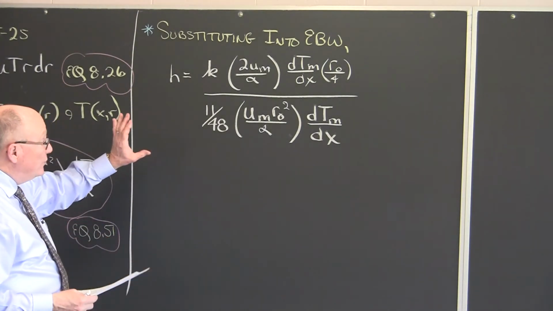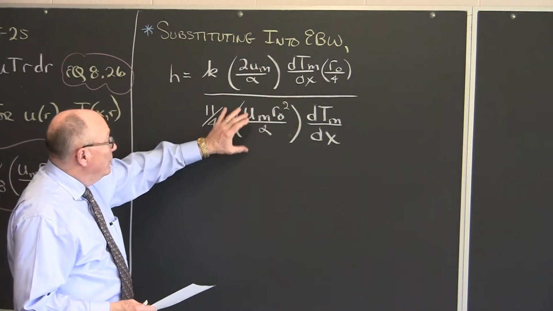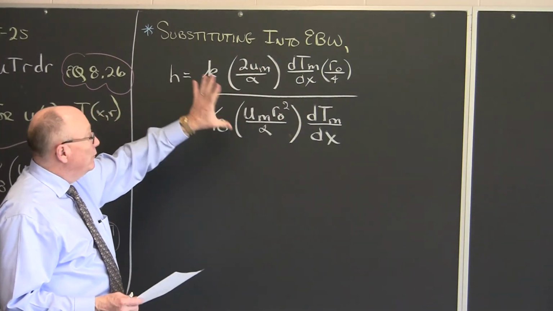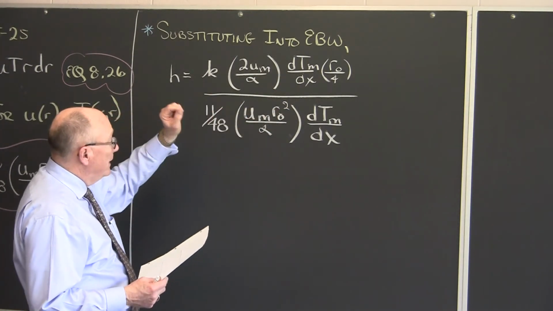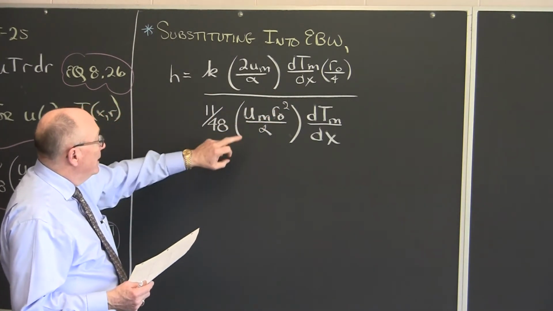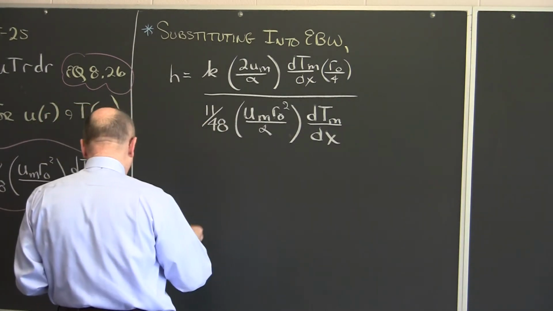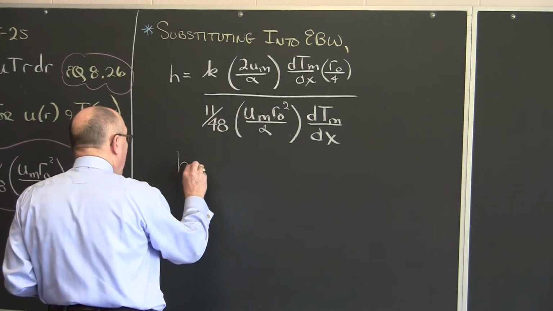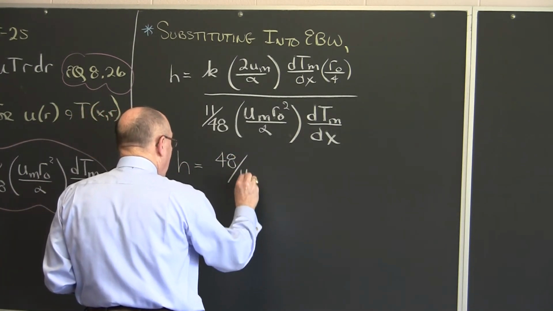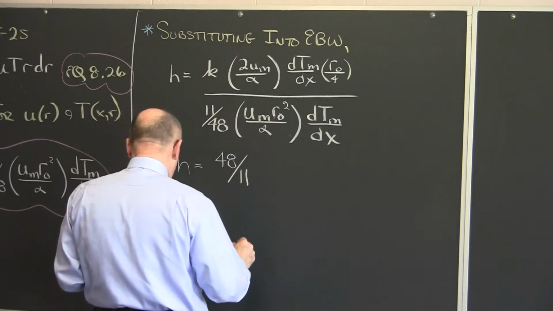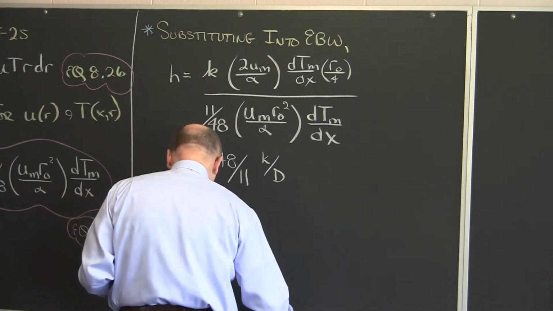And if you simplify this, you can see these terms go away, the ums go away, the alphas go away, and you have r0 here and r0 squared down here, and you have a 2 up there, and what this turns out to be is h is equal to 48/11 times k over D.